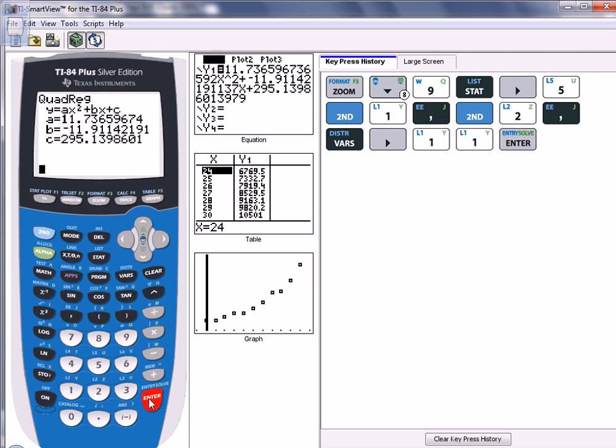And then hit enter. Gives us the same thing.